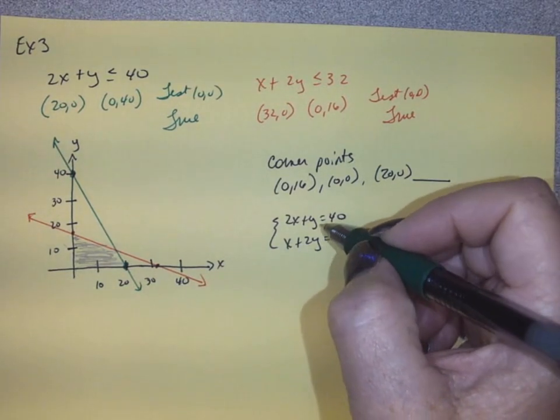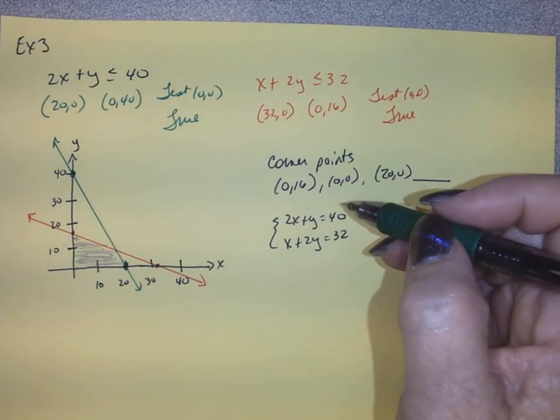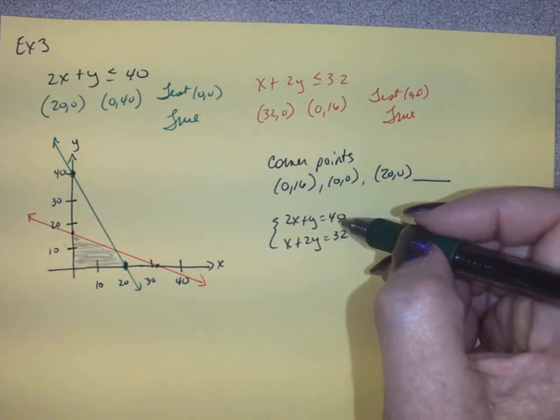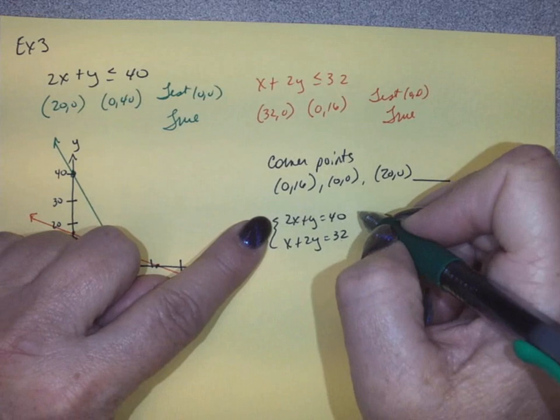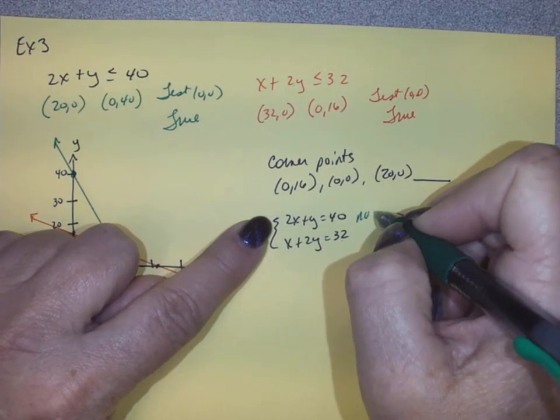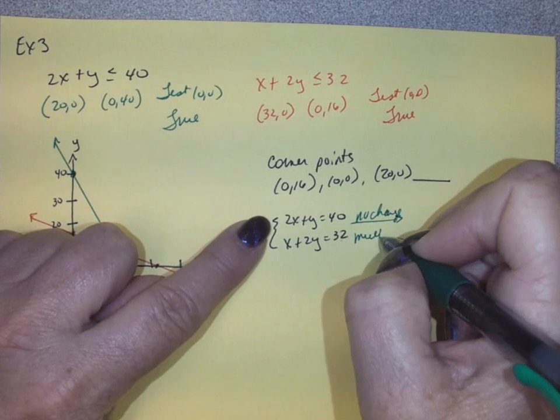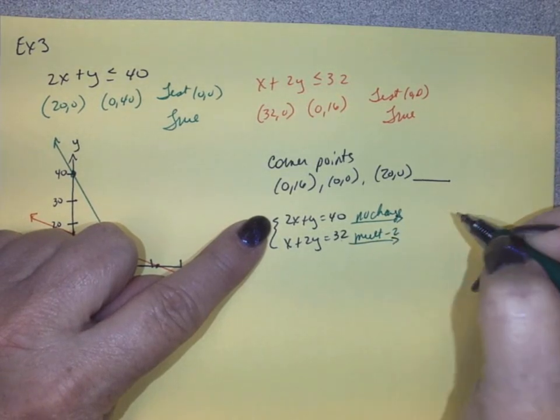I'm probably going to multiply the bottom one by -2 just because that has the bigger numbers, but it doesn't matter. So this one will be no change, and this one will be multiplied by -2.